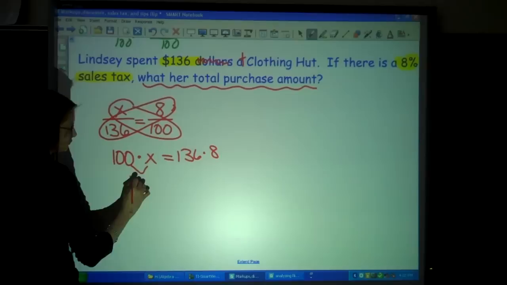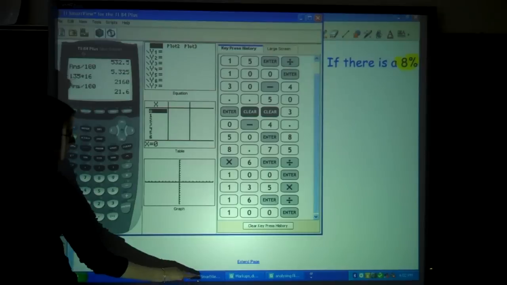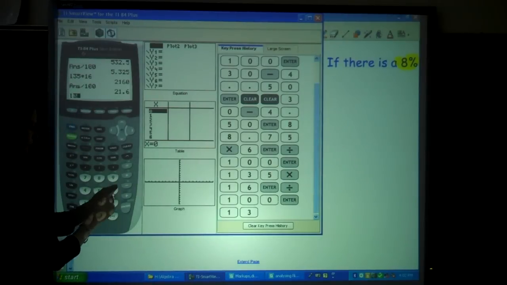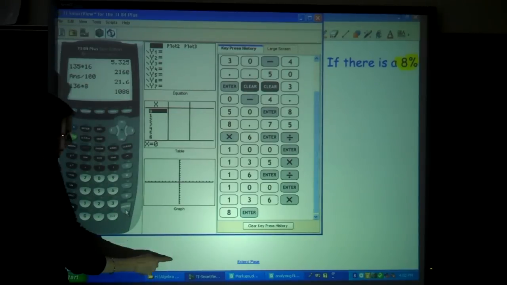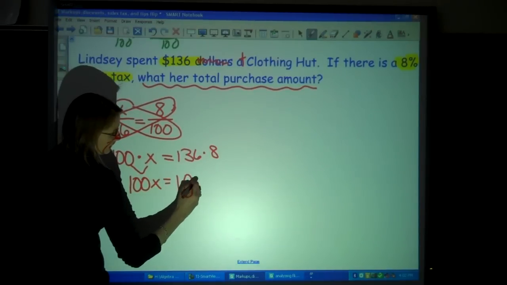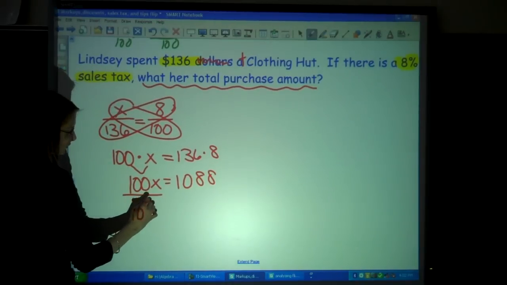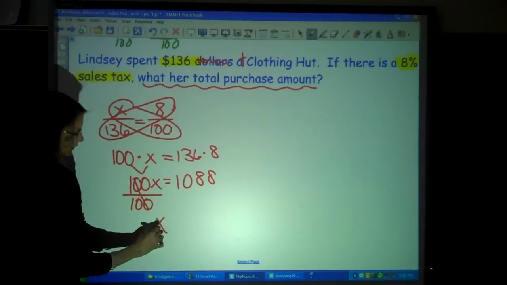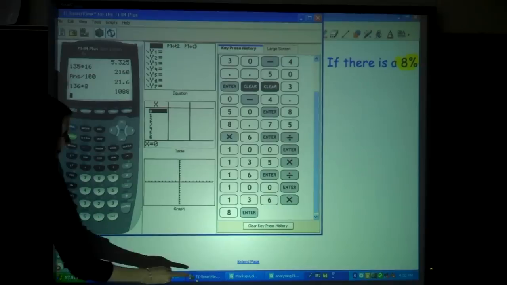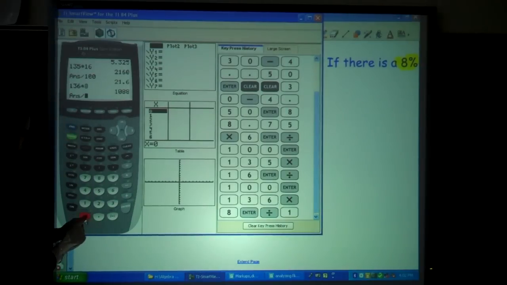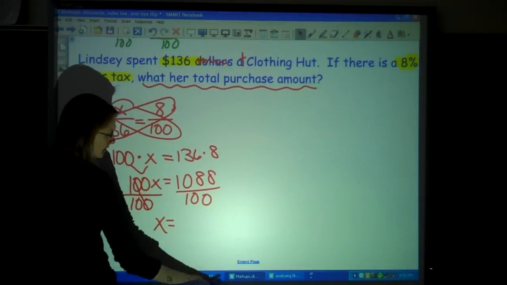I get 100x equals 136 times 8. And I get 1,088. And I'm going to divide both sides by 100. And I'm left with x equals, divide by 100. And I get $10.88.